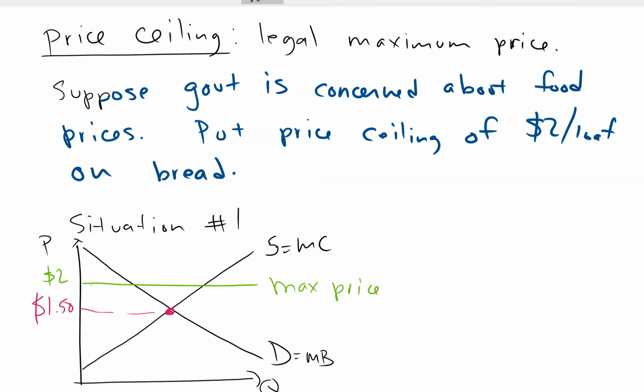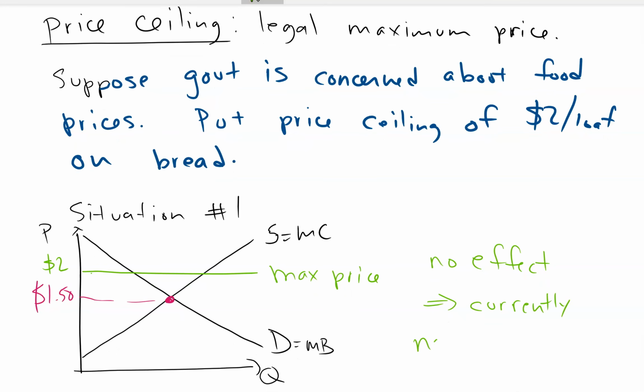What do you think the market's going to do in this case? We won't charge over $2. In fact, we're charging $1.50. So if you set the price ceiling above the current price, then it has no effect, at least right now. It's currently what we call non-binding. For a price ceiling to have an effect, it has to be binding. If the price ceiling is above the current price, then it's not going to have any effect.